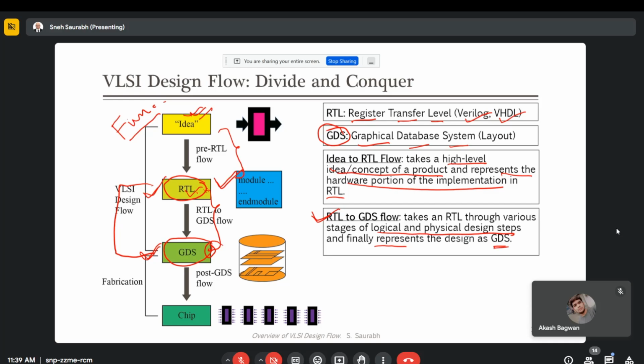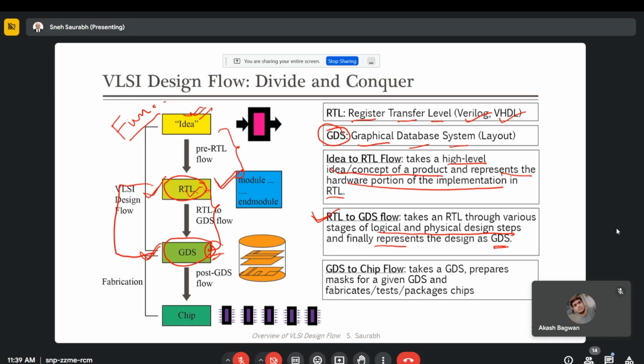And once we get a GDS or the layout, this is sent to the foundry, and then the fabrication is done, right? And this is the GDS to chip flow, in which the GDS or the layout is converted to chip using fabrication processes, and in this case this is mass production.